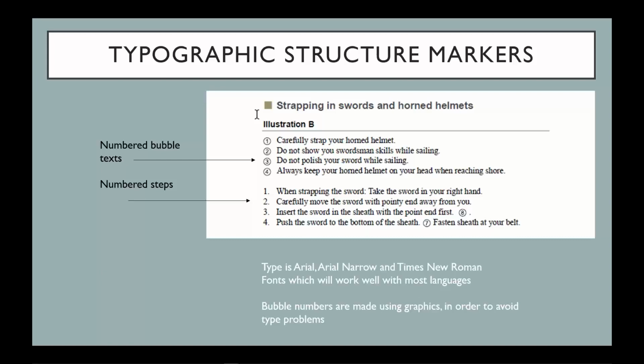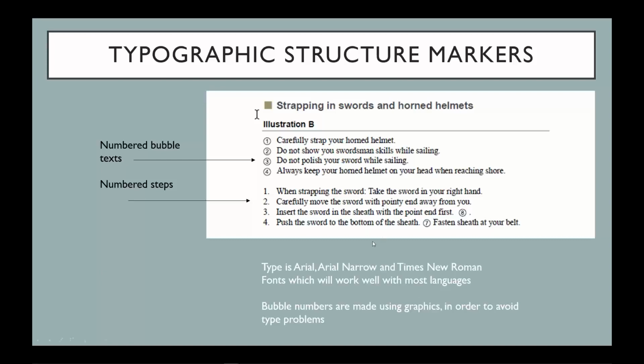I have linked in graphics to each of the paragraph tags, with a graphic for 1, 2, 3, etc. I've done so because the text is supposed to be single source published. So at the end of the day, I may make an HTML5 version of this document, and numbered fonts tend to give some problems when you're converting to HTML. So that's why I went for safe and made graphics for the bubble texts.